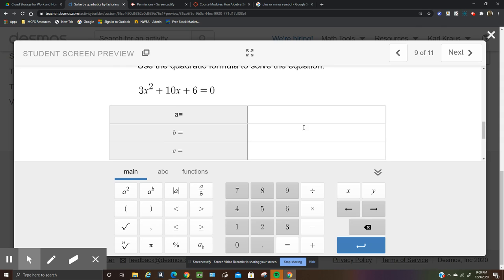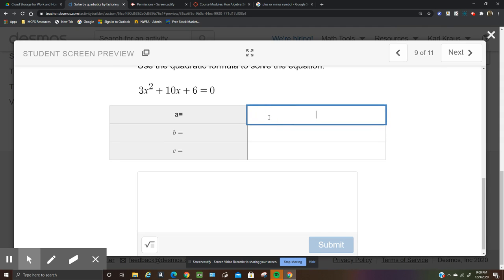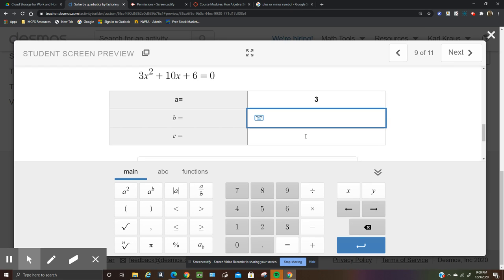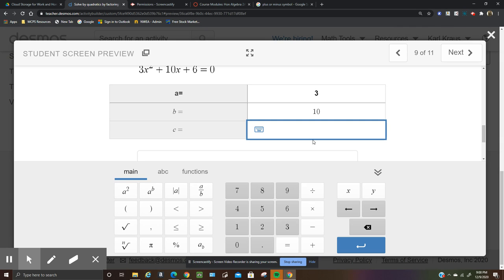And then the second one here: a is 3, b is 10, and c is 6.